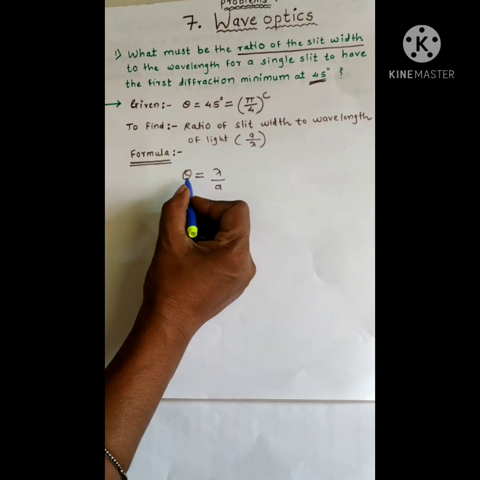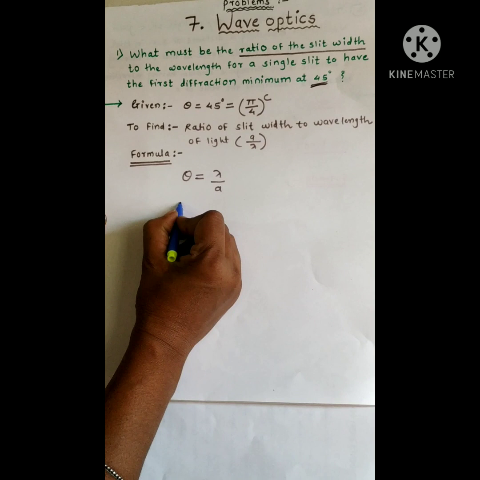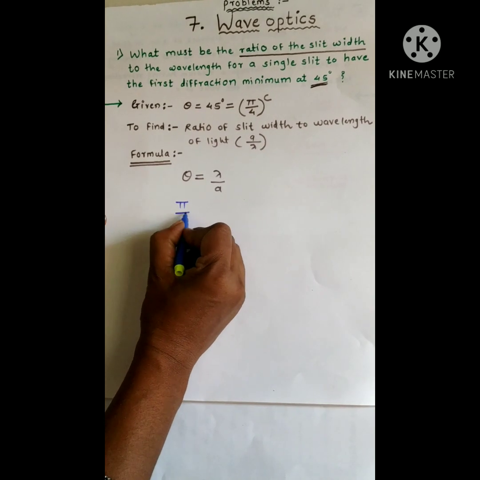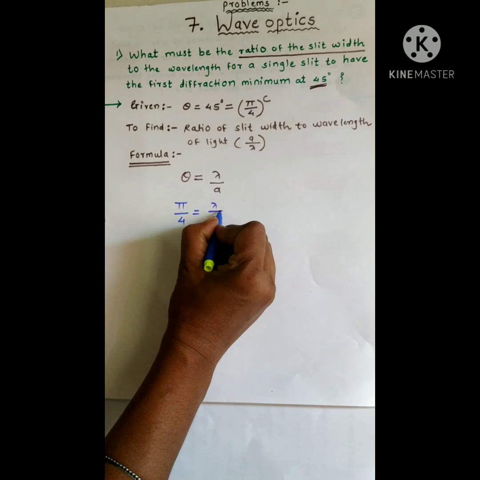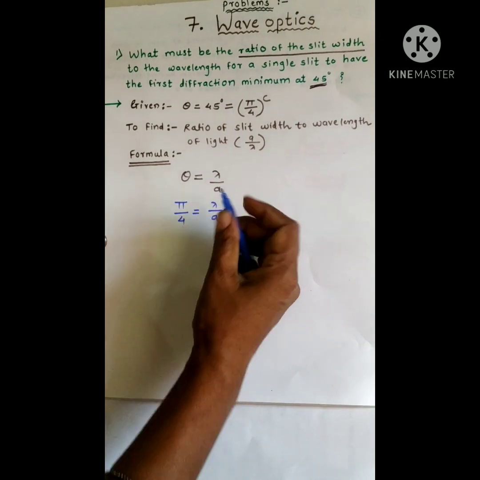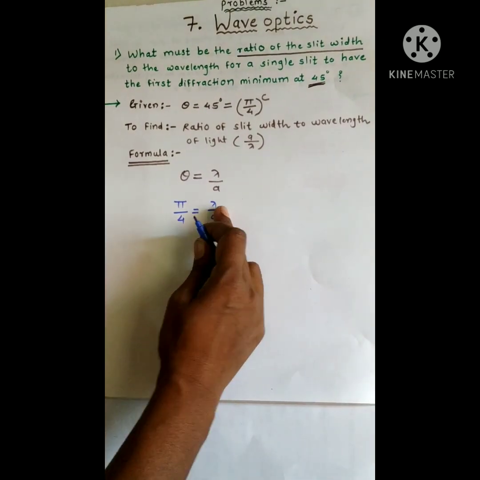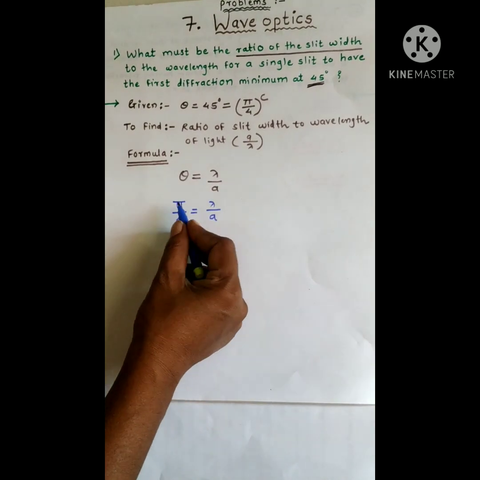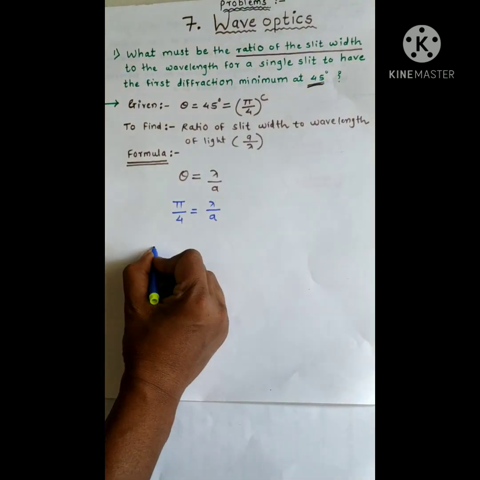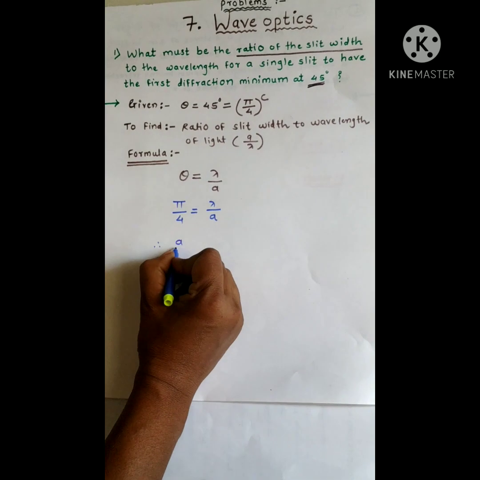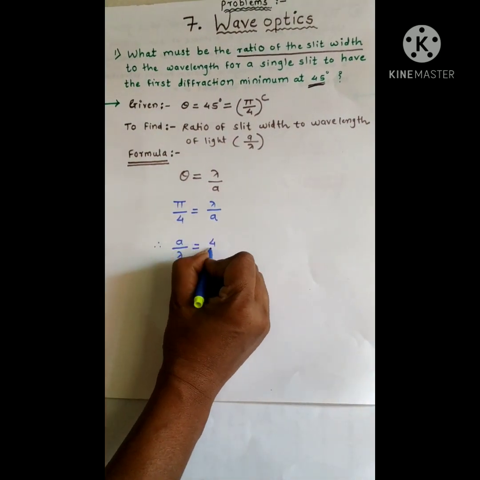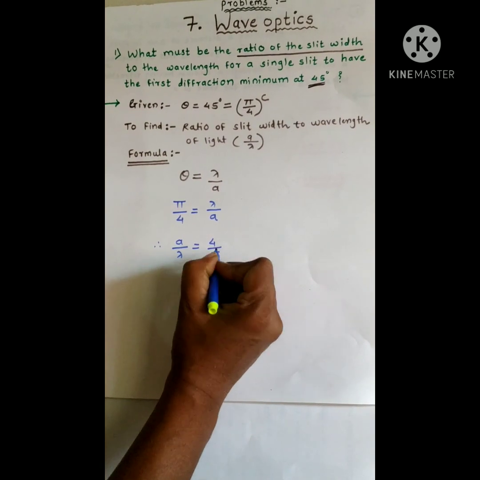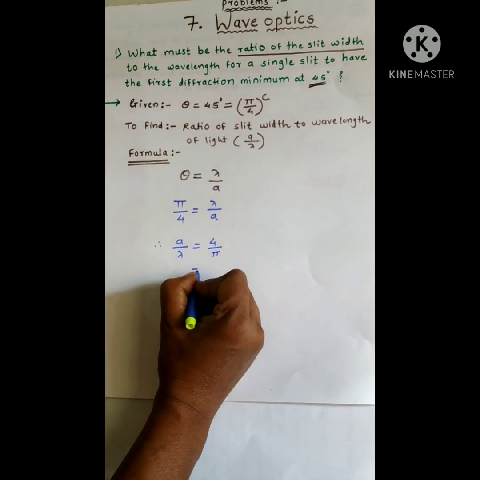So substitute the value of theta: pi by 4 is equal to lambda upon A. Now invert both quantities, pi by 4 and A upon lambda. What we get here is A upon lambda is equal to 4 by pi.